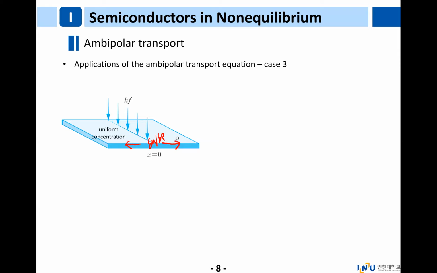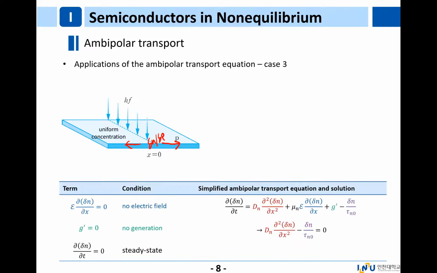In this situation, what we want to determine is the distribution of excess carriers at a location where x is not 0. Therefore, we can simplify the ambipolar transport equation as follows.